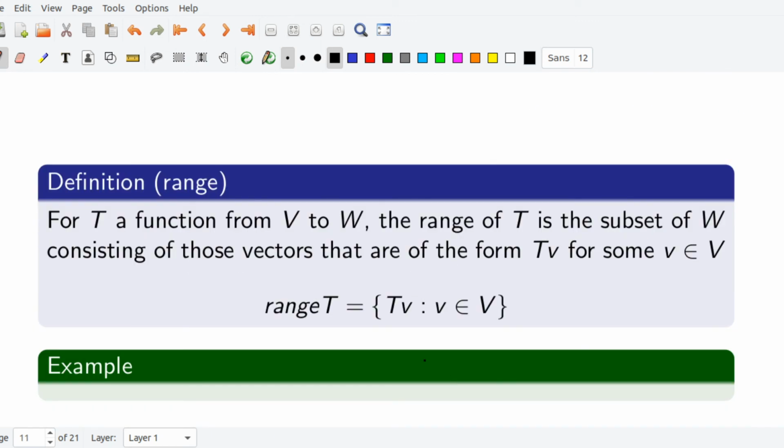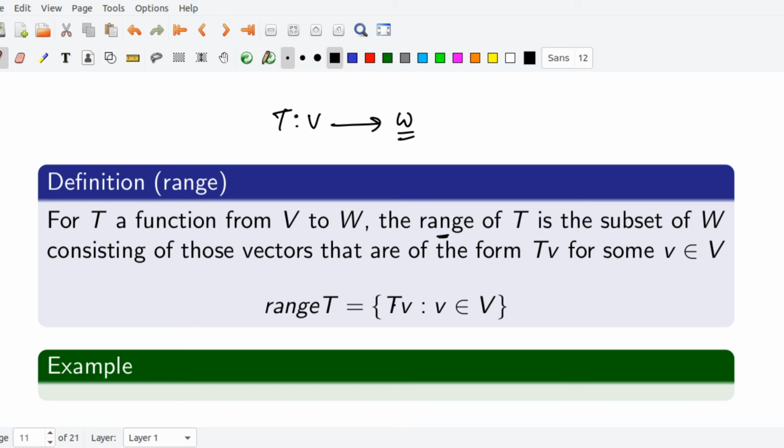Next definition is range. For T, a function from V to W, the range of T is a subset of W. Range is a subset of W consisting of those vectors that are of the form Tv for some v element of V. That's it.